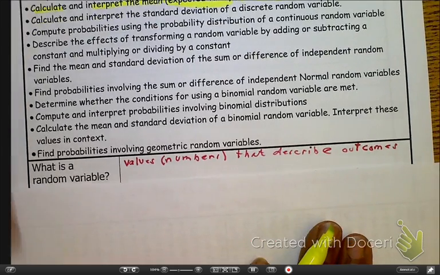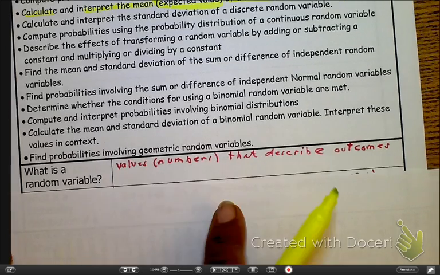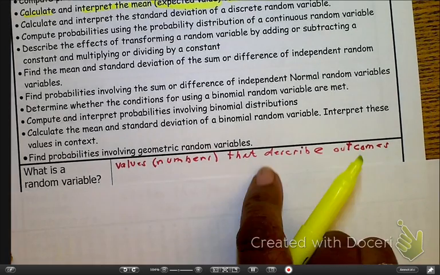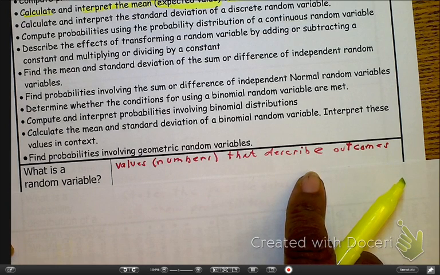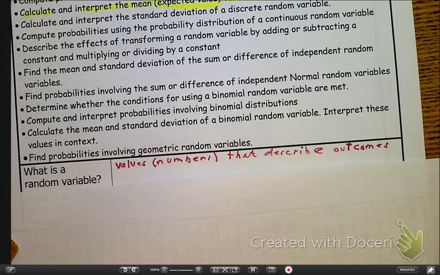Well, a random variable, as you can see here, is a value or number that describes an outcome. So with that Apgar situation I gave, if you had a chance to read it, on the scale they scored 0, 1, and 2. And they scored 0, 1, and 2 in 5 different categories. So once they added everything up, a baby can score anywhere up to 10.